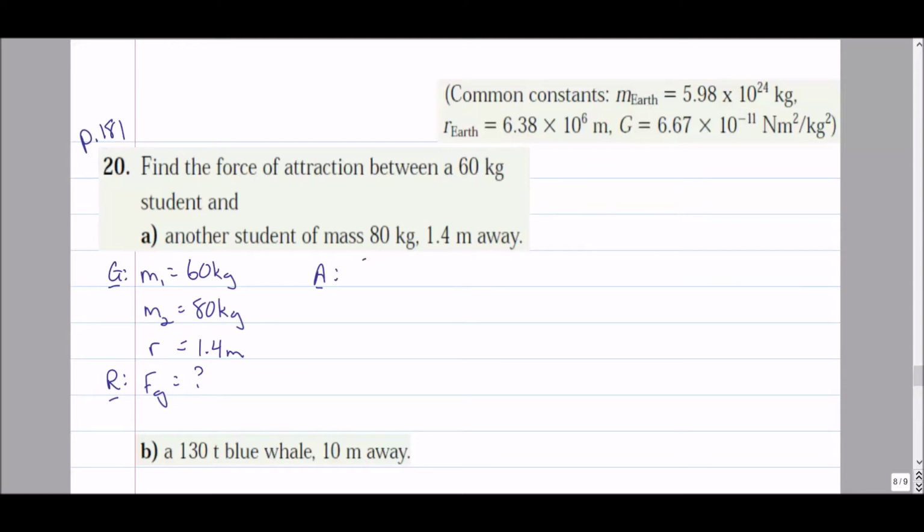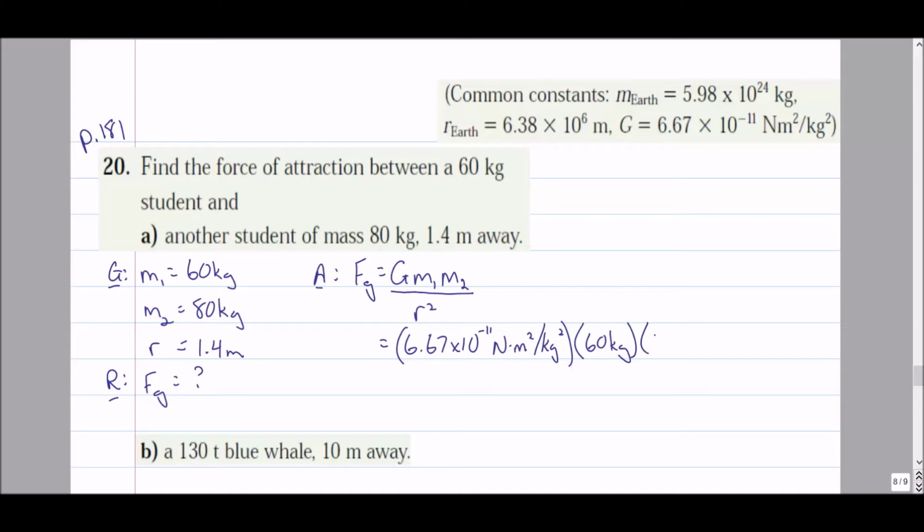So if we look at our analysis, we're using this equation, Fg equals G m1 m2 over r squared. So our G is the value that we have up here, 6.67 times 10 to the power of minus 11, and that's newton meters squared per kilogram squared. I'm going to multiply that by the first mass, which is 60 kilograms.